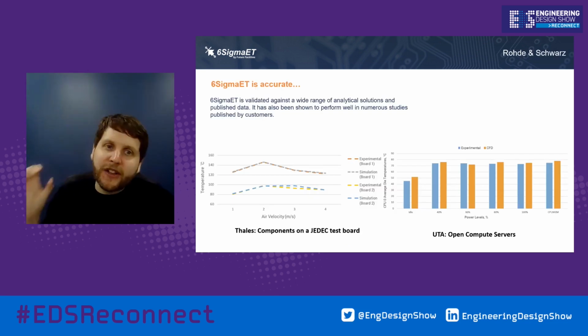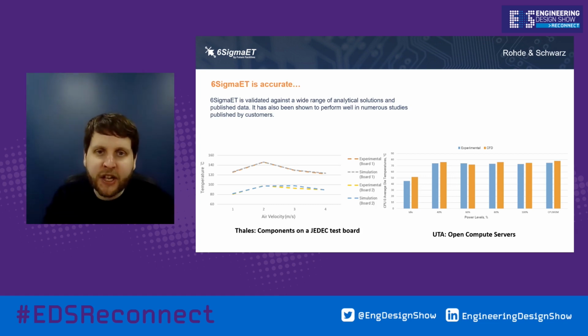So one of the things that has come up in our survey is: is thermal simulation accurate? Well, obviously this is something we're really focused on, and we validate 6Sigma ET against a wide range of analytical solutions and published data. Our customers also very regularly compare simulation results with measured data.